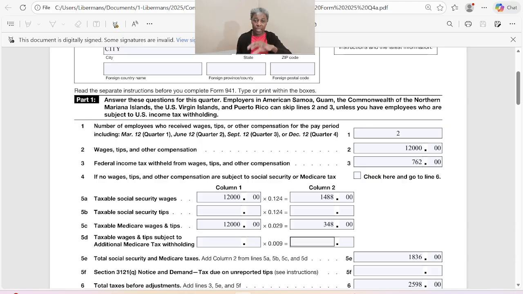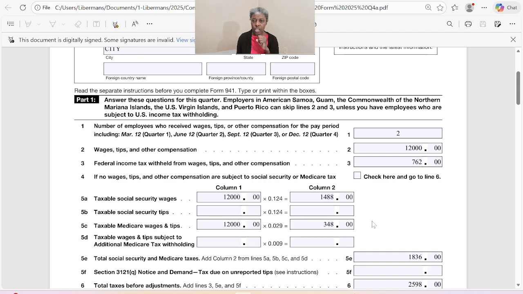And it's going to be the wages that are subject to that additional tax, not the whole amount that falls below that threshold, but anything above that $200,000 per person that you are going to be putting here for the total quarter for all the people that you pay above that threshold to. If that makes sense, unless I'm confusing, I'm sorry about that. I tend to confuse people when I'm getting too detailed.